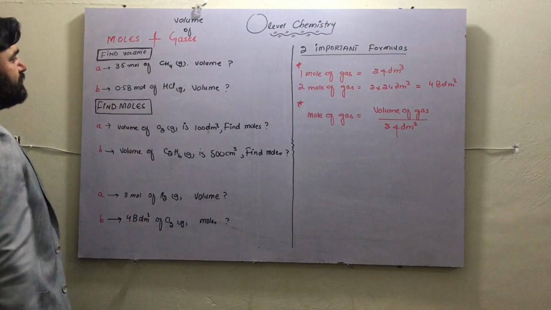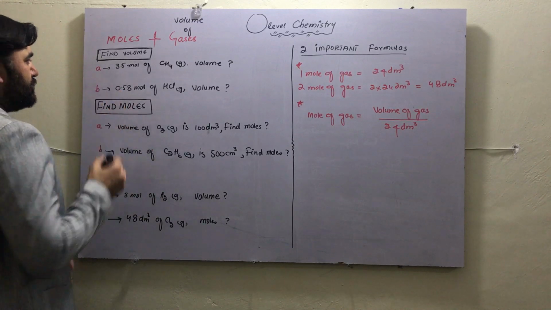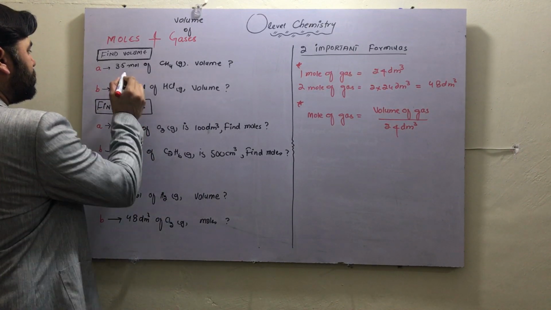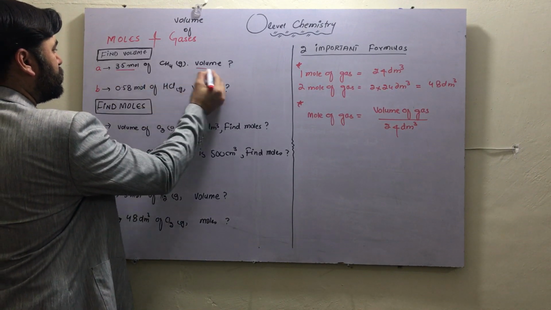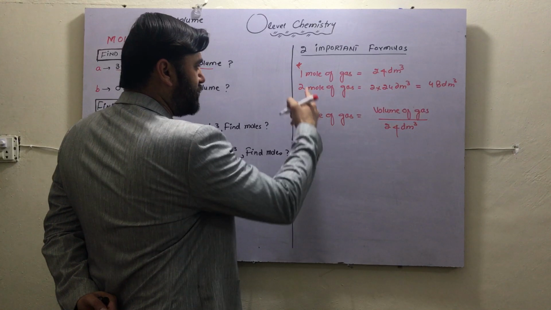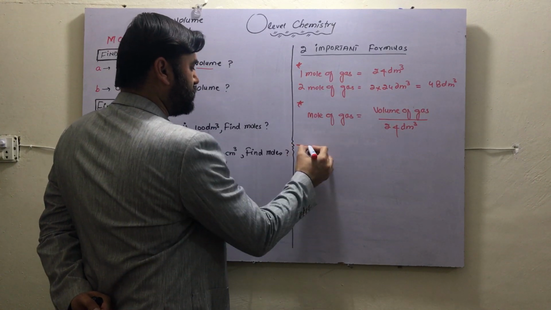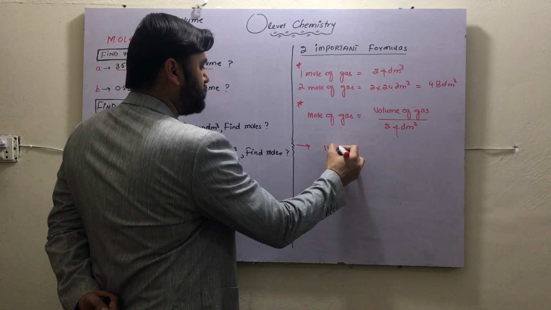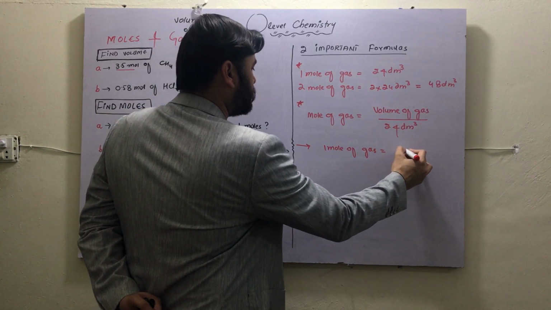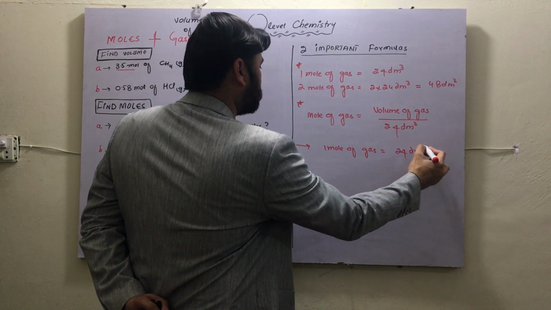Suppose the first question is to find the volume. In this question, moles are given and you need to find the volume. So we are going to solve it from this equation: 1 mole of gas is equal to 24 dm cube.